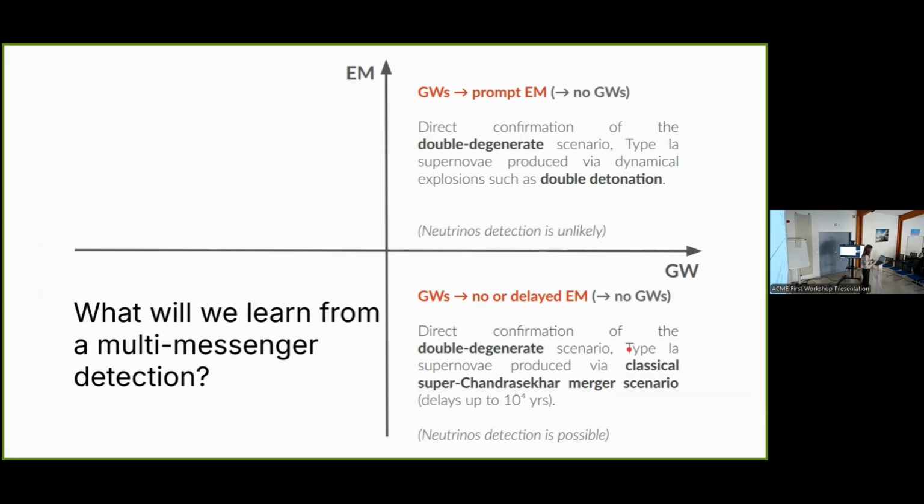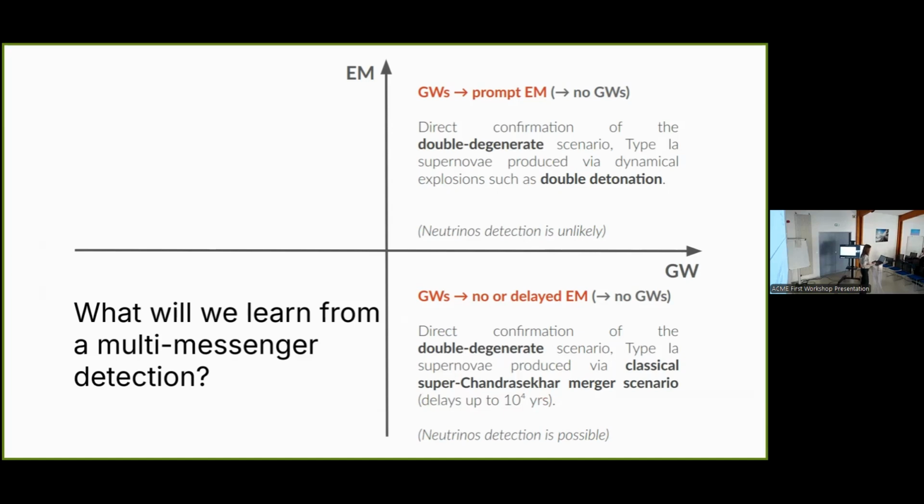But in this case, we know that some of the detonation models, the more classical super-Chandrasekhar ones, where you basically bring the two white dwarfs together to form a total mass higher than 1.4 solar masses, have delay times for the electromagnetic radiation of up to tens of thousands of years.